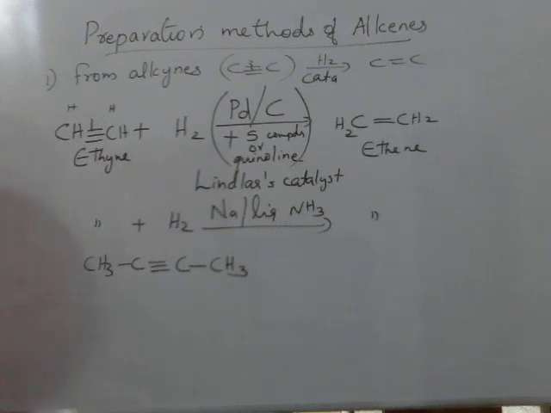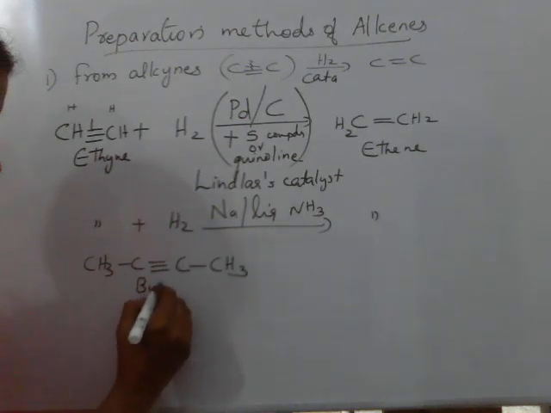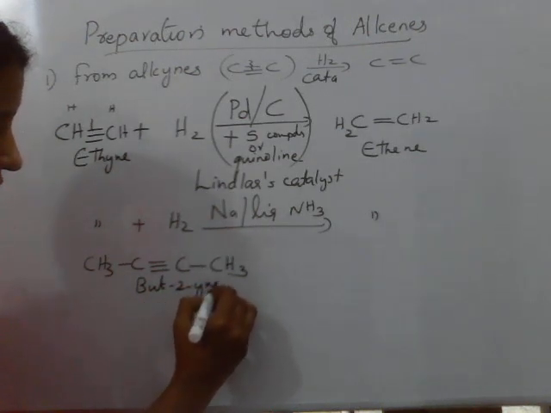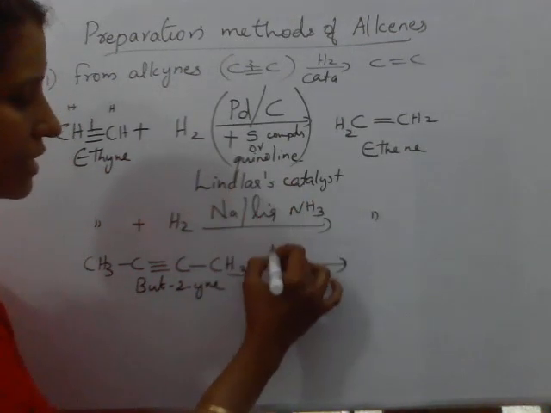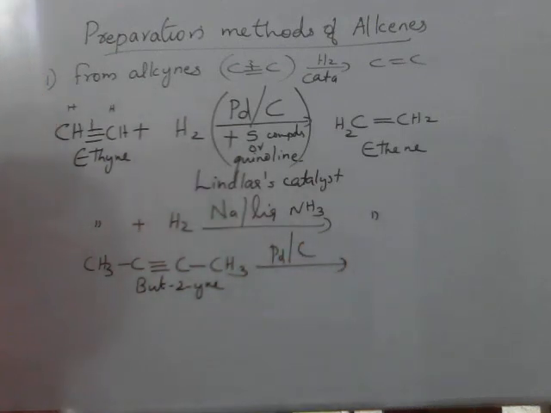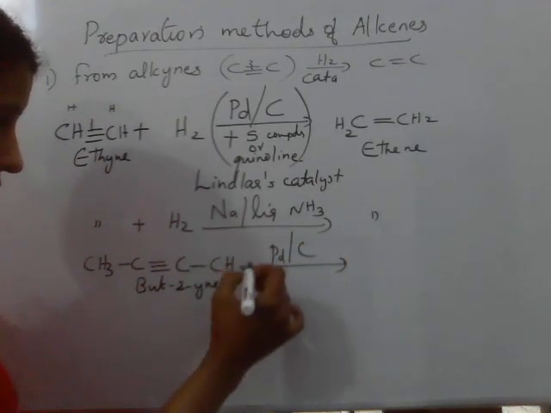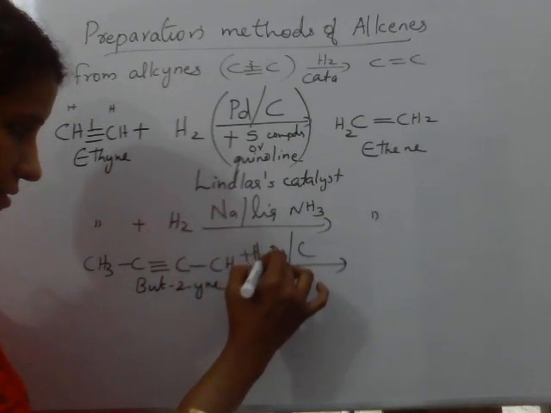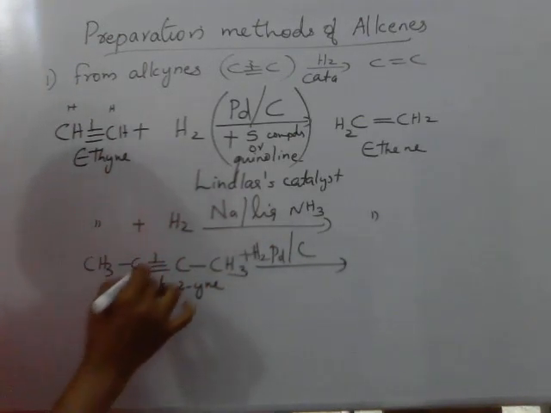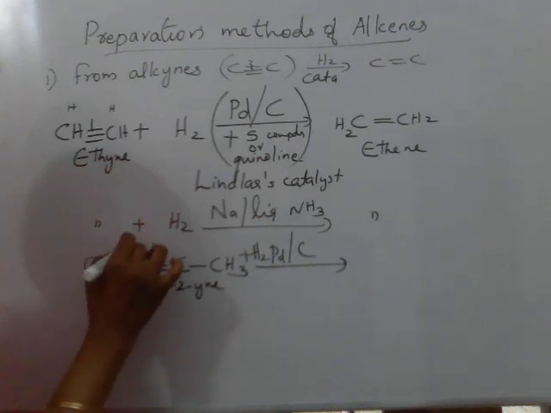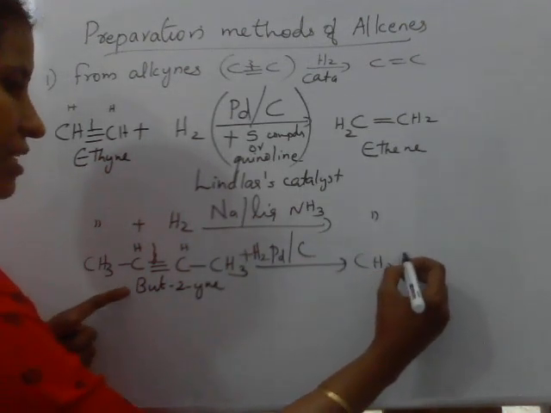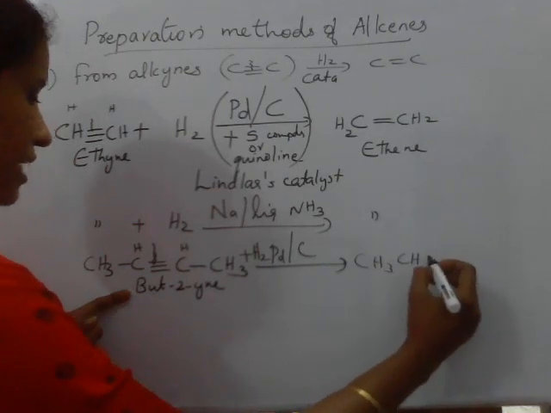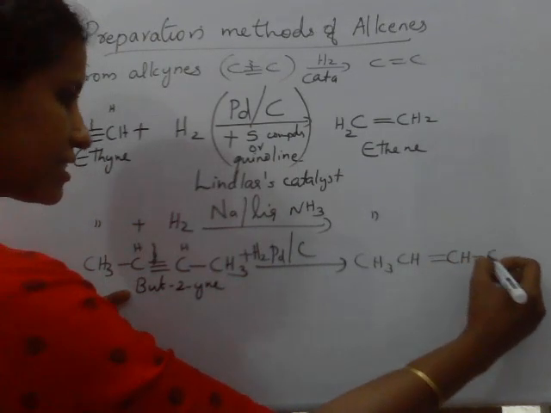This is the compound, but-2-yne, with the Lindlar's catalyst, that is partially deactivated palladized charcoal. What happens? Addition of hydrogen. One pi bond breaks, and one hydrogen atom is added to each triply bonded carbon atom. So what do we get as the product? CH3, CH, double bond, CH, CH3.